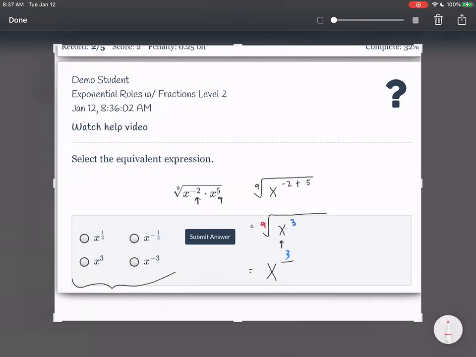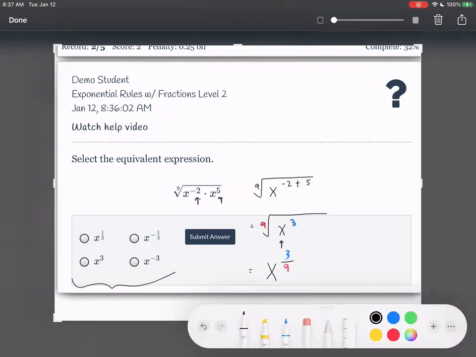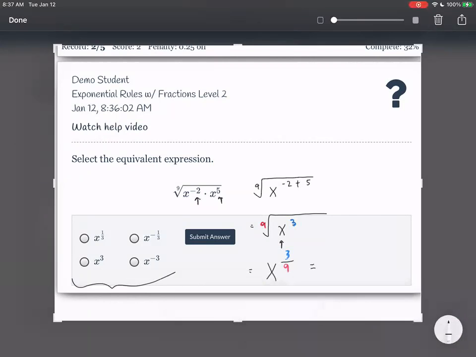So we have the 9th root, then we have 9 as the denominator of your exponent. X to the power of 3/9. Of course, this is not simplified yet, so we need to simplify it now. They're both divisible by 3. So 3 divided by 3 is 1, and 9 divided by 3 is 3. We have x to the power of 1/3.